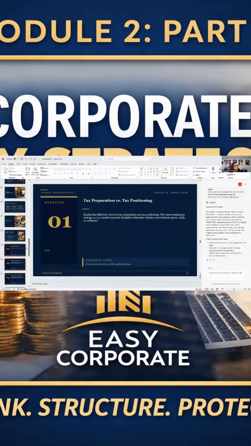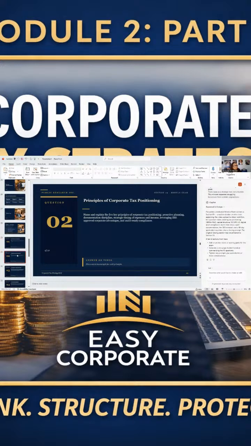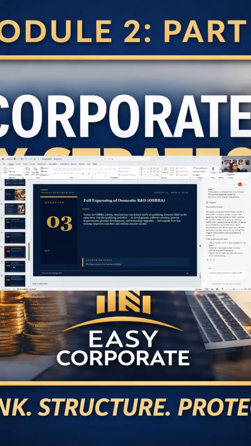All right. Explain the difference between tax preparation and tax positioning. Why does treating tax strategy as a 12-month corporate discipline determine whether your business grows or stalls or collapses? All right. So anyway, all of that's in there to help you. I want to make sure that you have this.